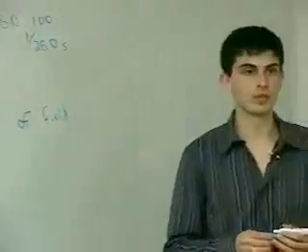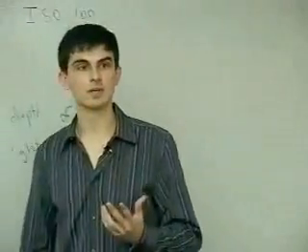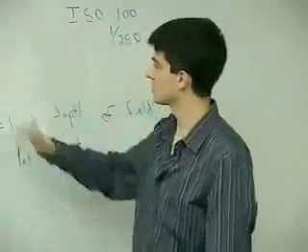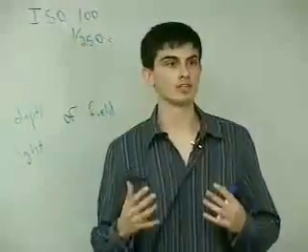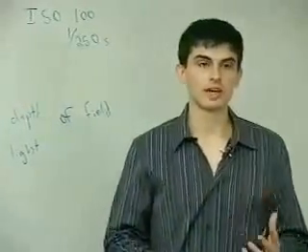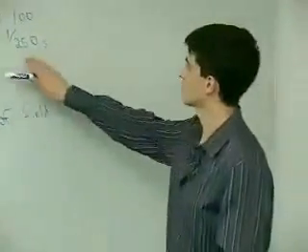A larger aperture has a much shallower depth of field. So you can literally, with some lenses, focus in on someone's nose and their eyes will be slightly out of focus. There are some lenses that are that sensitive to depth of field. So the large one will have a shallow depth of field, but will let in much more light. So now we have three things that can affect the exposure.